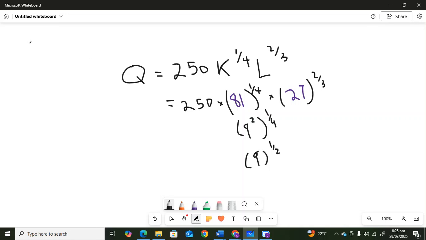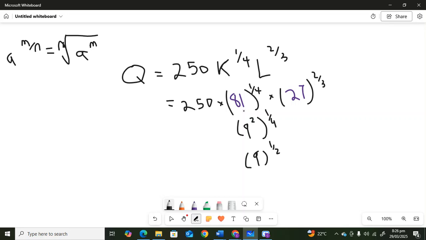Then according to the laws of indices, a to the power m over n is the same as the nth root of a to the power m. This is a law of indices. We could have applied it also here, I just wanted to simplify further. Because the fourth root of 81 is just 3.